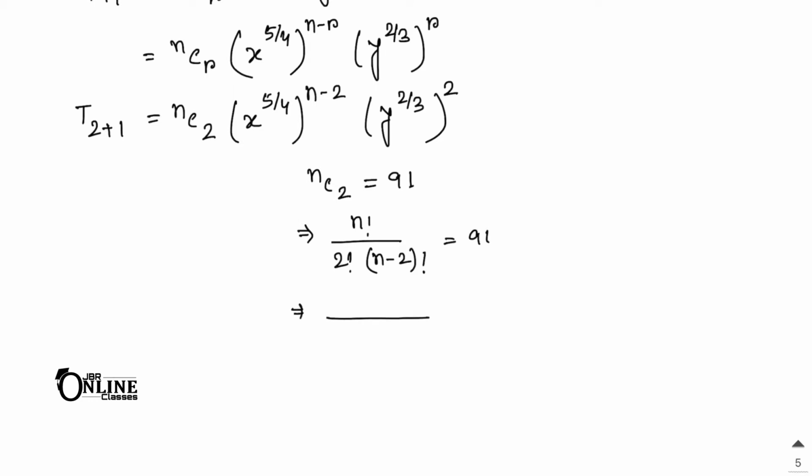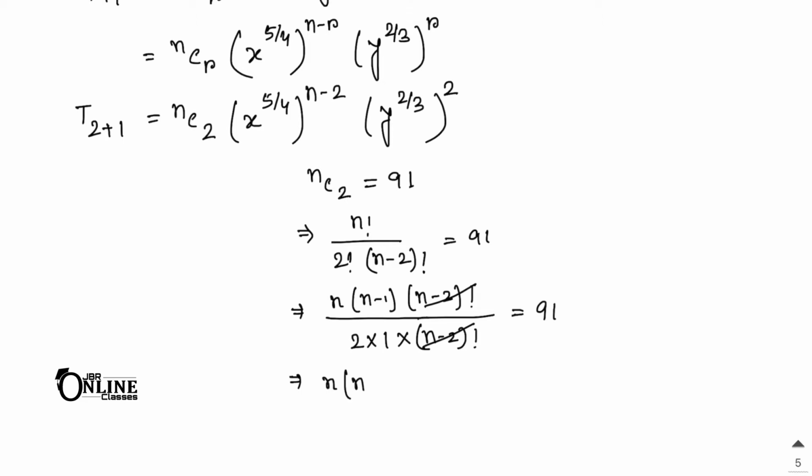Now n factorial means first you write down n, then n minus 1, and then n minus 2 factorial. Here 2 factorial means 2 into 1 and then n minus 2 factorial. So that will be cancelled out, equal to 91. So n into n minus 1 equals 91 into 2, so it becomes 182.